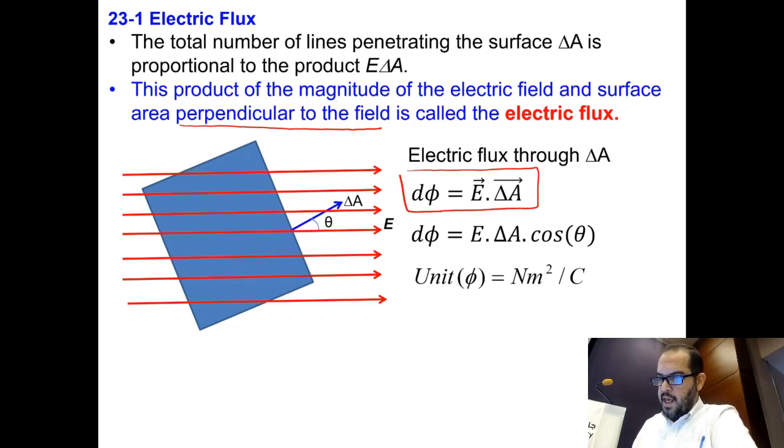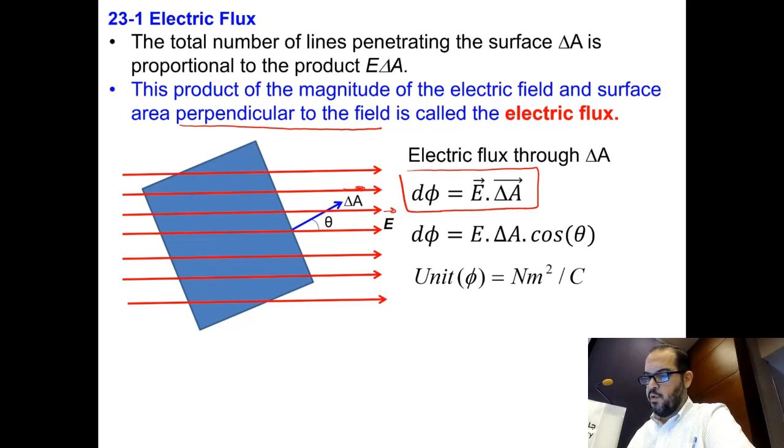So if we know the angle between the electric field and the area vector, then we can determine the flux: it is just E times delta A times cosine theta. The unit of the electric field is newtons per coulomb, and the unit of the area is meter squared, so the unit of the flux is newton meter squared per coulomb.